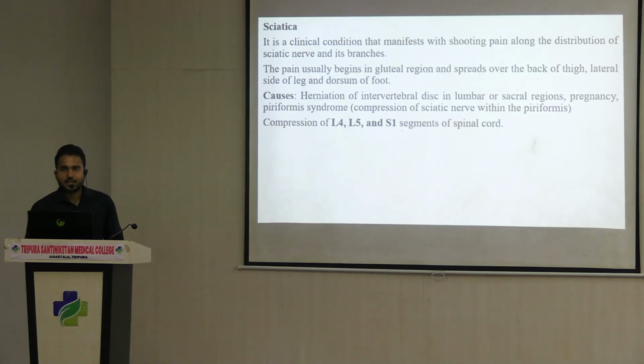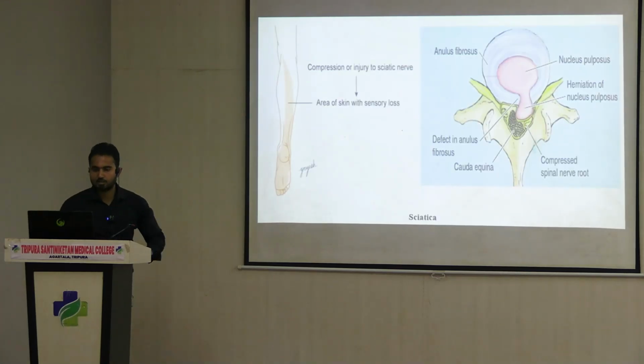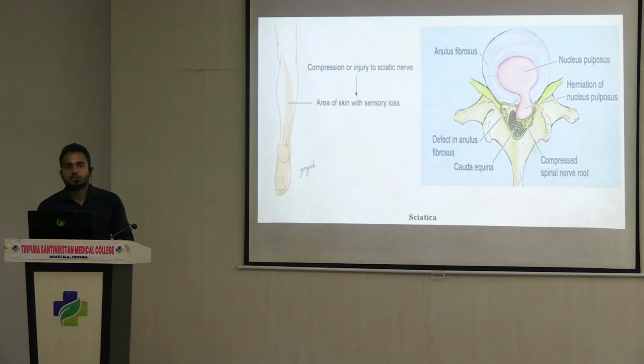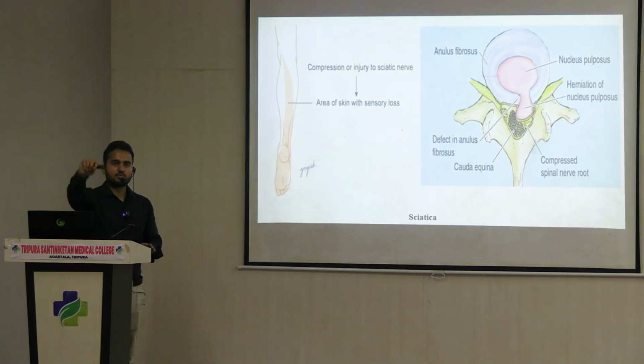Next, sciatica. Have any of you heard about this term, sciatica? Let me show you the diagram. Here you can see the diagram for sciatica. Actually, it is a clinical condition in which there is shooting pain along the distribution of the sciatic nerve and its branches. So the pain will not be at one particular point. There will be pain along the distribution of the sciatic nerve and its branches.